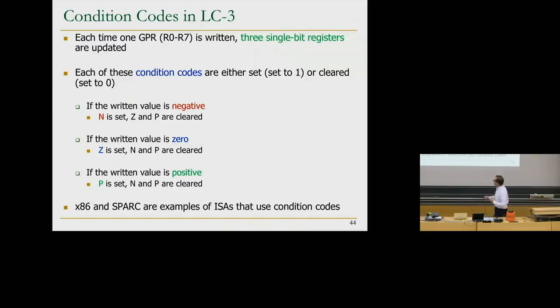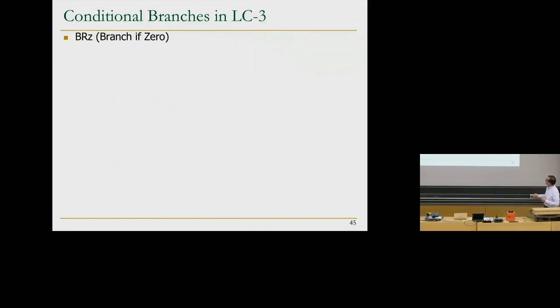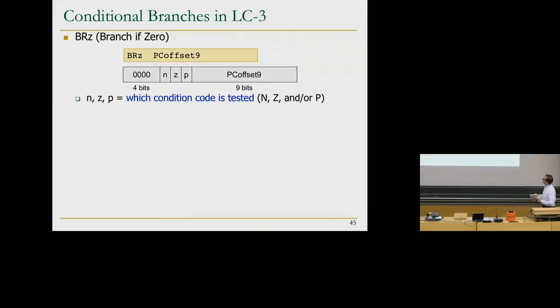Okay, so x86 and SPARC are examples of real instruction set architectures that use condition codes. So let's take a look at one example of this, BR with the zero condition. You're testing if the last value is 0, and you're going to take the branch, jump to some location, if the last value was 0. It looks like this in assembly, and that's what it looks like expanded. Basically, these NZP bits, these 3 bits, specify which condition code this branch should test. What does that mean?